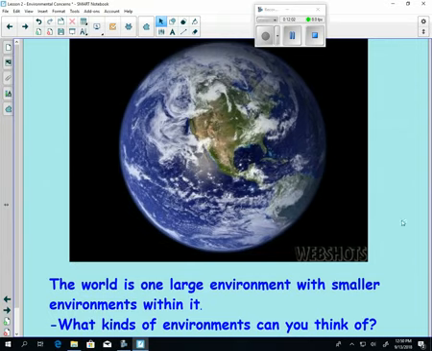Then if we look at the earth or the land, can we break that up? Well, what kind of different types would there be on the land? Well, I mentioned one already. Deserts. What other kind of things do you have there? What would be another major type of environment? Forests. And even in forests, we can have two or three types. The forest we have in Canada, if you look around here, we have a lot of evergreen trees, the ones that we call Christmas trees.